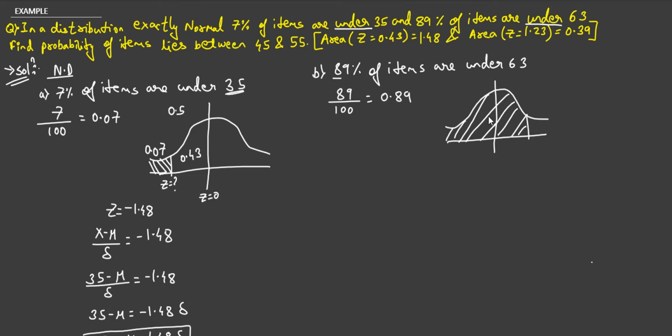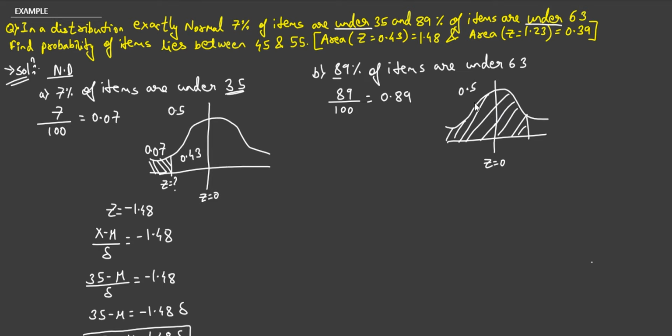Don't get confused in this graph, because we know that area 0.5 is this part and 0.5 is this part. It is given 0.89, which is almost 90%. So the left side is 0.5, and the right hand side is also 0.5.